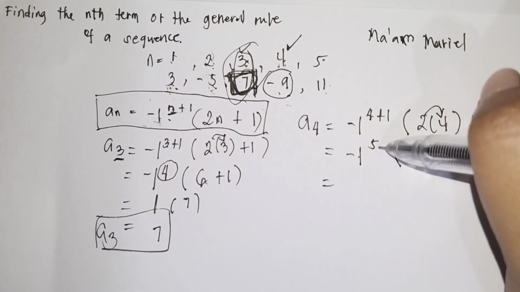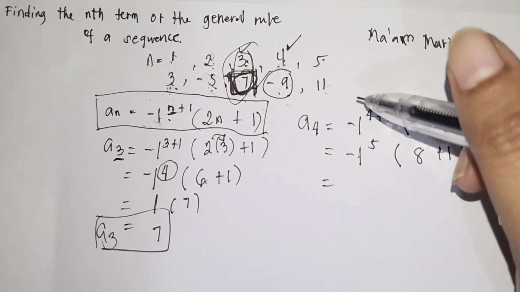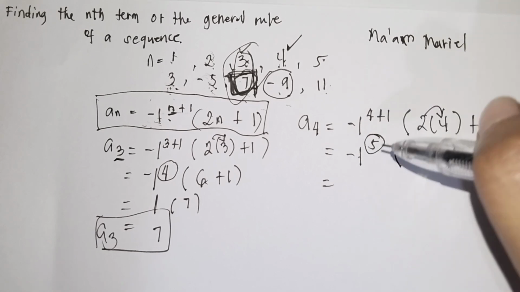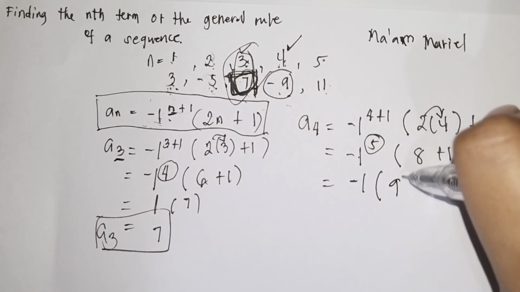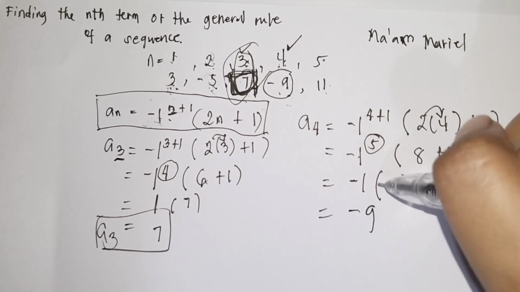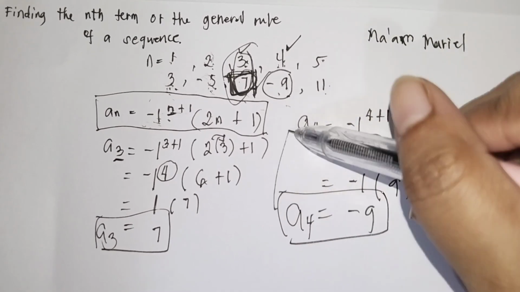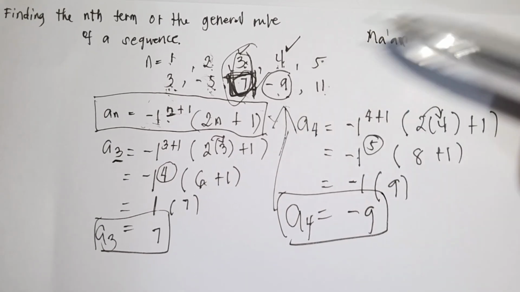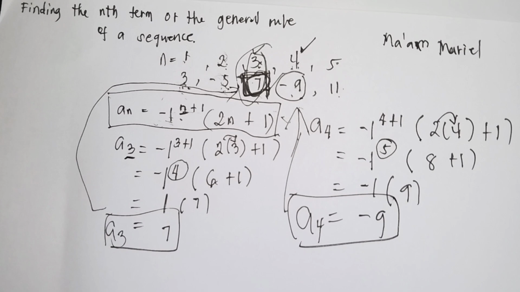And then, negative 1 raised to 5, kagaya ng sabi ko, kapag odd number yung exponent, negative po ang sagot, so, magiging negative 1 times 8 plus 1 is 9, so, therefore, you have negative 1 times 9, and your a sub 4 is negative 9, so, tama po siya. Tama siya dyan. Tama din ito dito. So, yun. Ganun lang po siya kasimple.